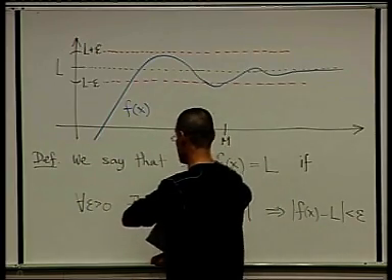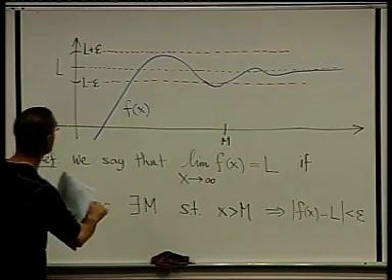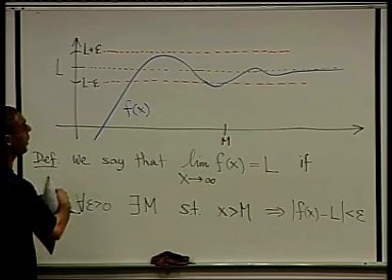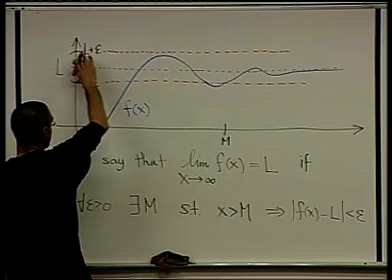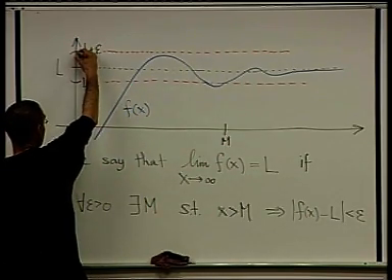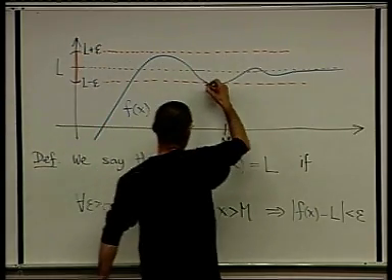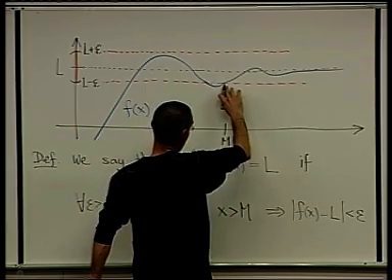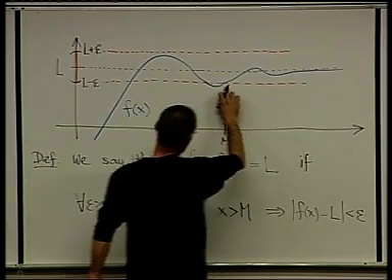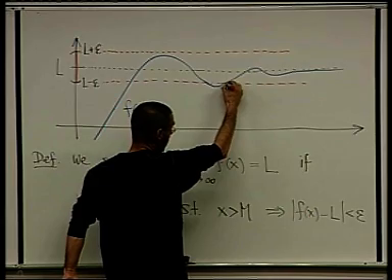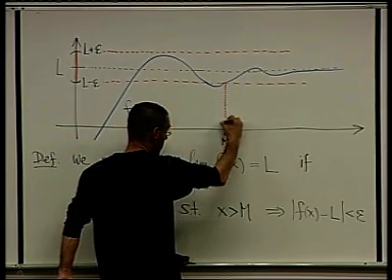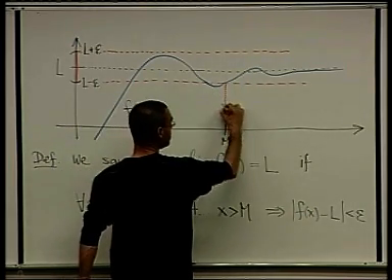In the picture, similar to what we did before, suppose we want to be in this orange epsilon neighborhood of L. So we go until we hit the graph for the last time, then we go down. That's going to be our M.